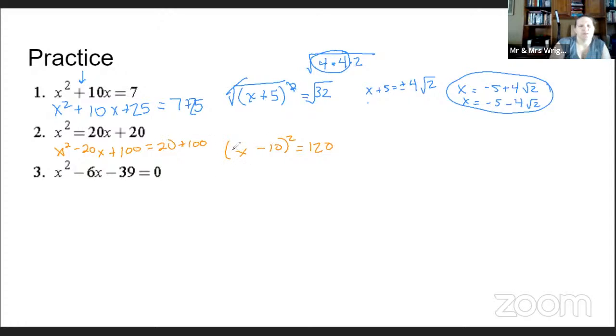Okay, so now we take the square root of both sides, and I'm going to get x minus 10 equals plus or minus the square root of 120. That should be factorable. 120, let's see, 12.